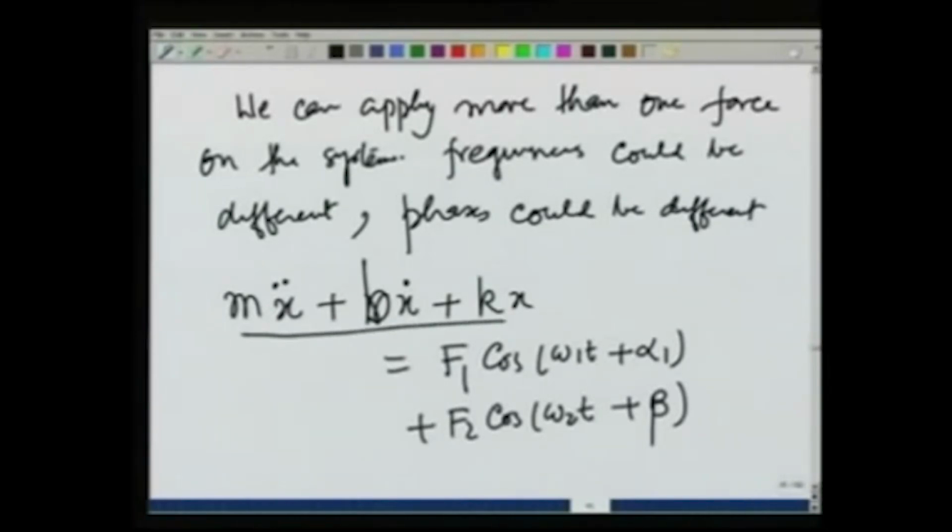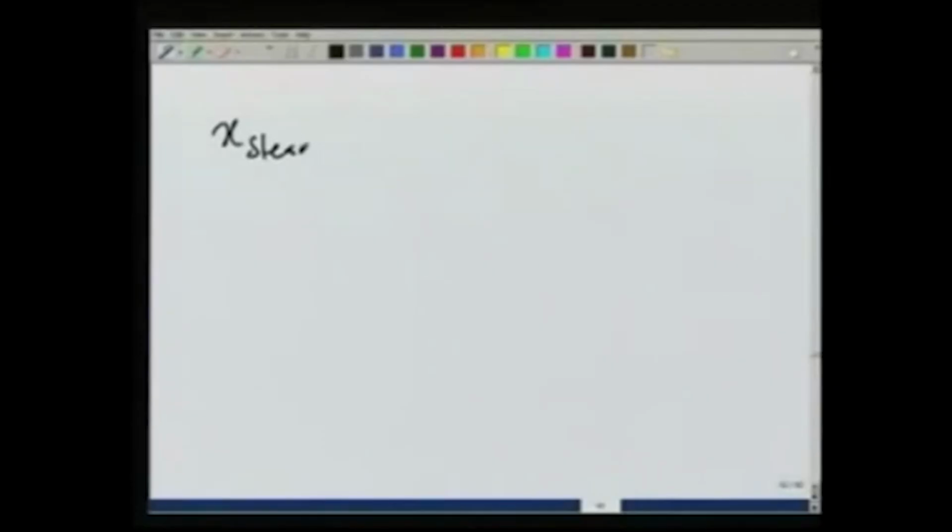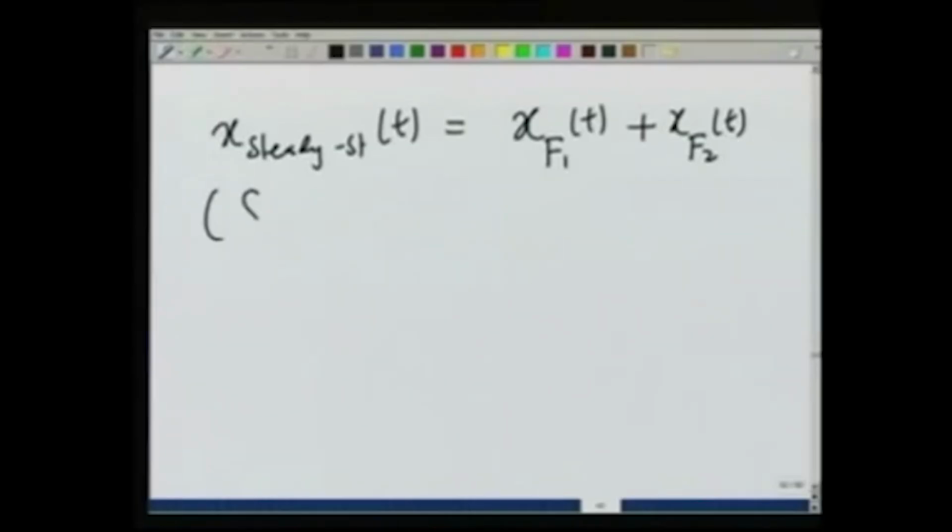Recall that this is a linear equation, and therefore, the principle of superposition holds. If I were to look at only the steady state solution, x steady state would be the solution corresponding to F1 plus the solution corresponding to F2. This is because of the superposition principle, which tells me that for any linear equation, the sum of two solutions is also a solution.